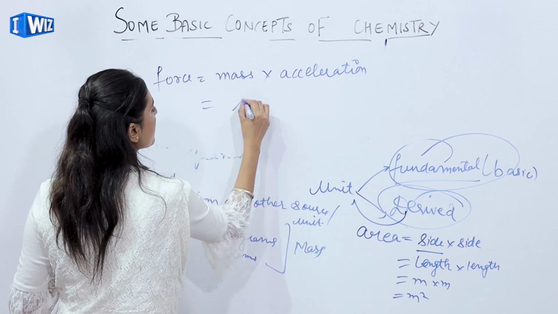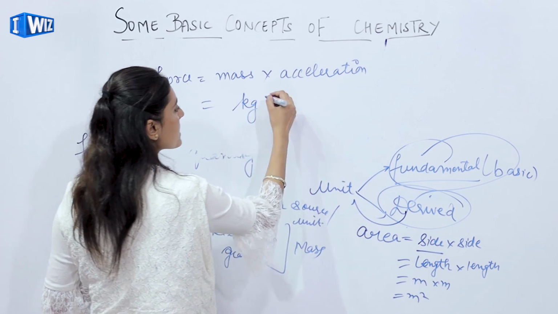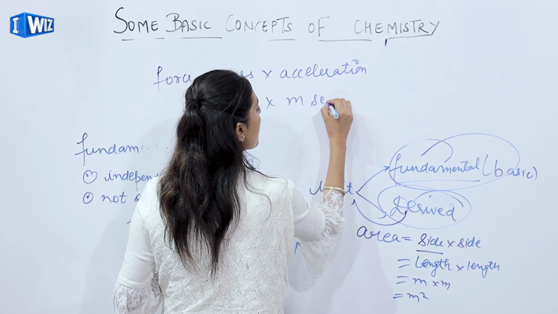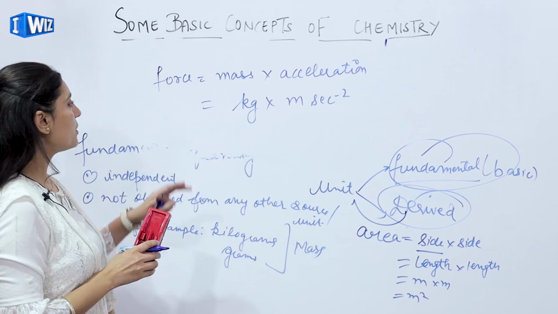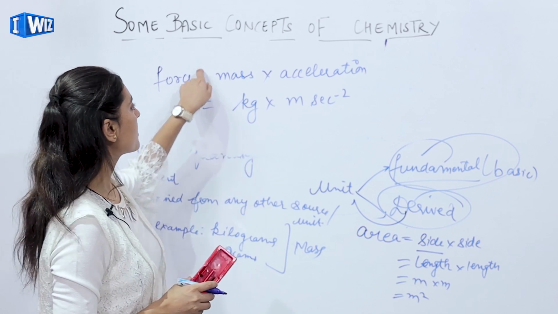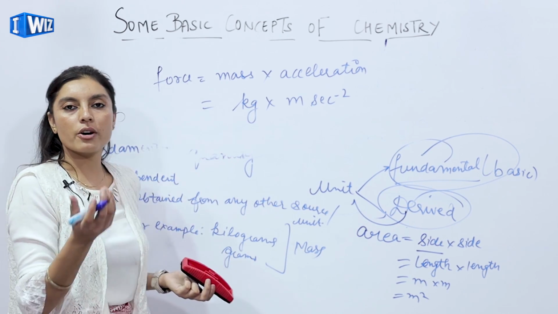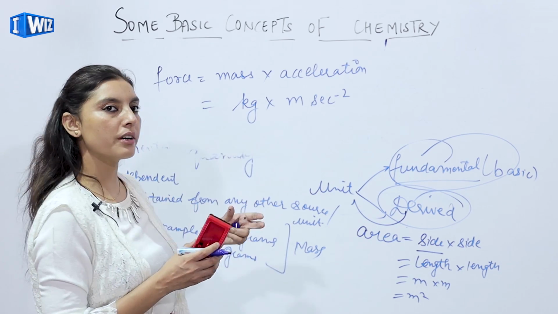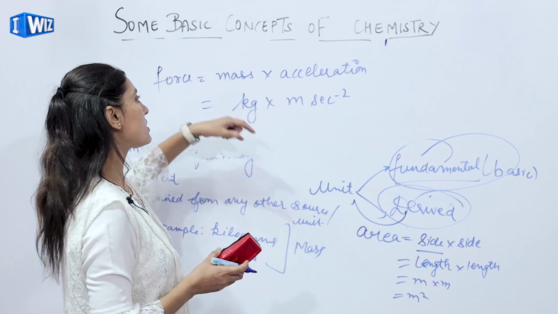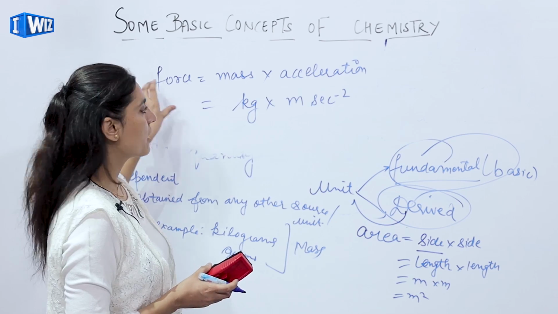Mass has the unit kilogram, and acceleration has the unit meter per second square. So this is a derived unit, because it does not have any fundamental unit of its own.